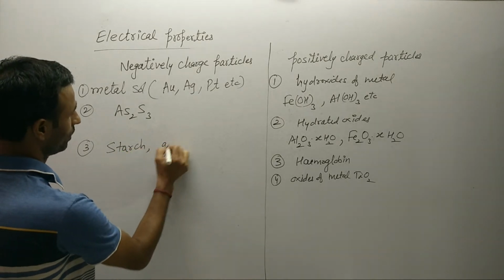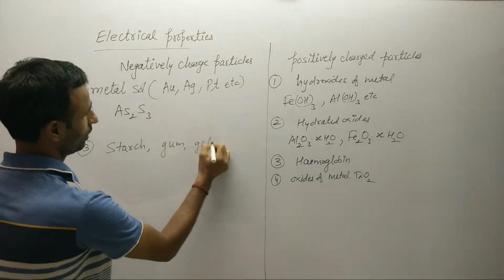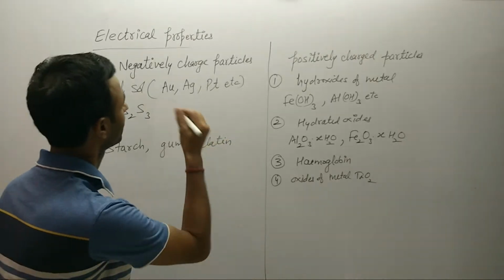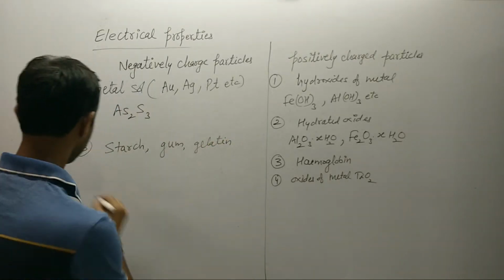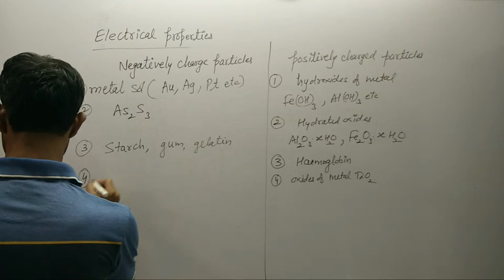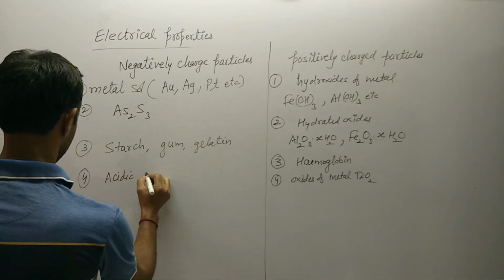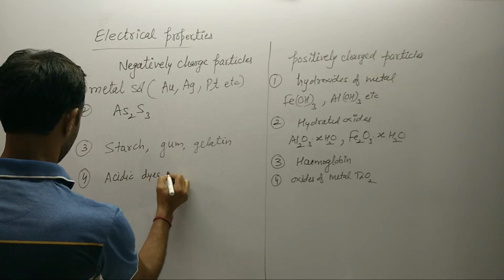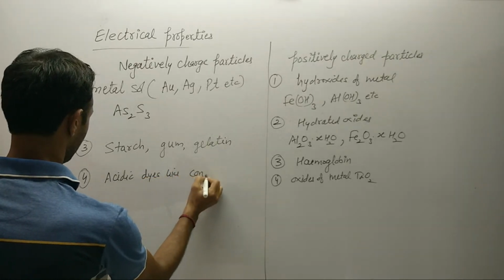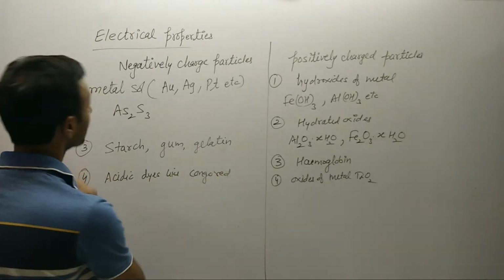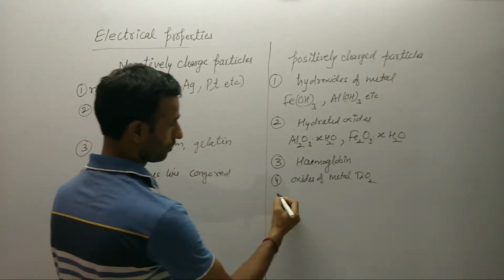Starch, gum, gelatin, they are negatively charged sols. Acid dyes, like Congo red, they are negatively charged.